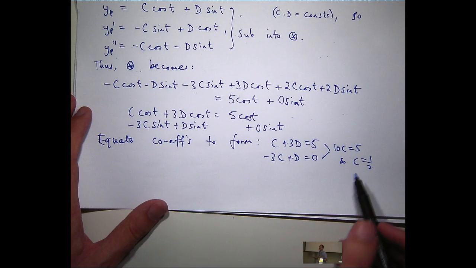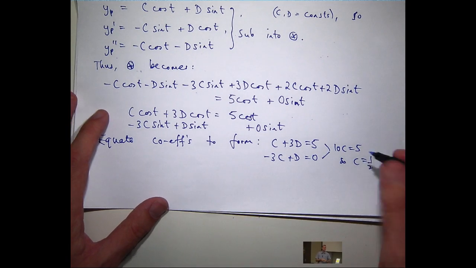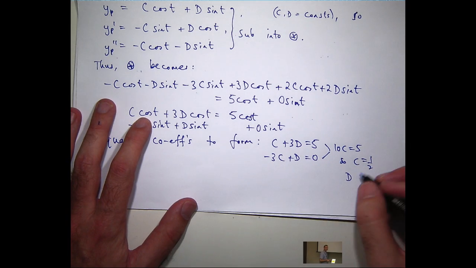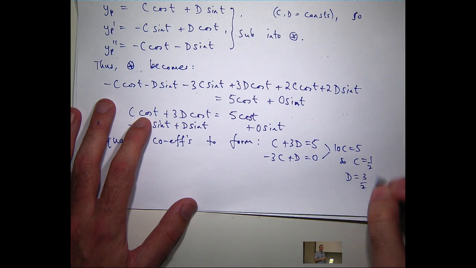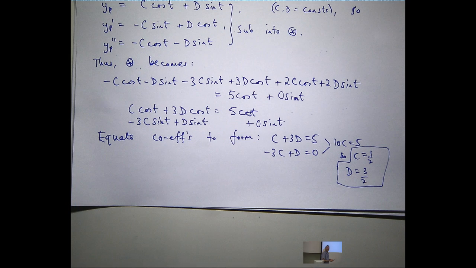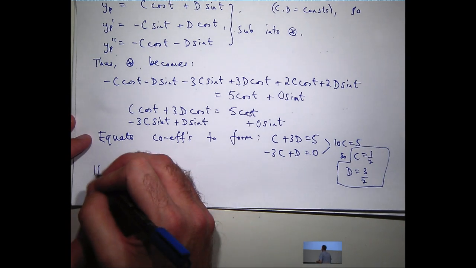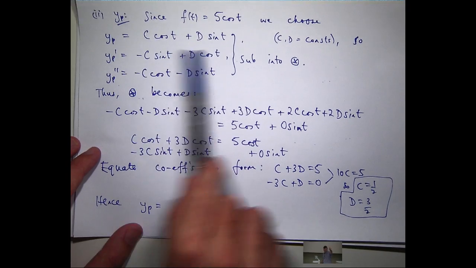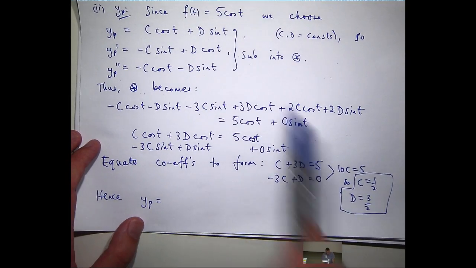And if I back substitute, I'm going to get D equals, just by rearranging this, 3 on 2. All right, so we've got our particular solution now. Y sub P, we assumed it was of this form, so let's just back substitute and put in C and D.